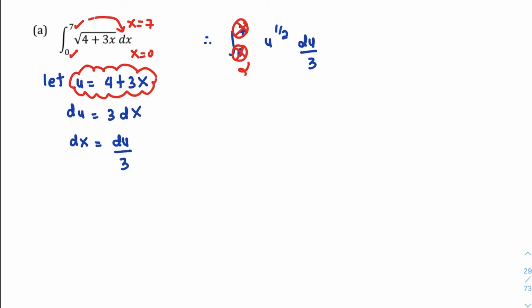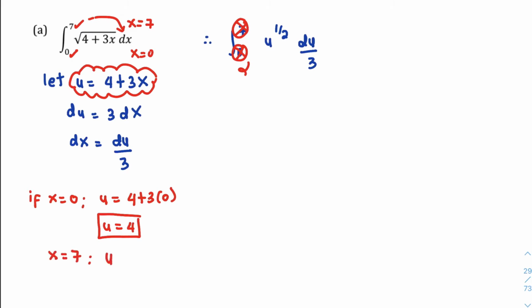If x equals 0, then u equals 4 plus 3 times 0, which gives 4. Be very careful. If x equals 7, then u equals 4 plus 3 times 7, which is 4 plus 21, so u equals 25.